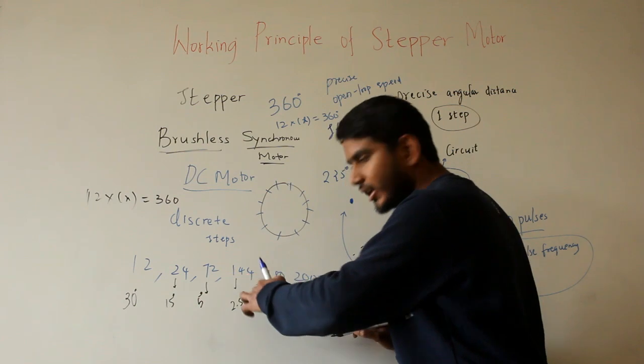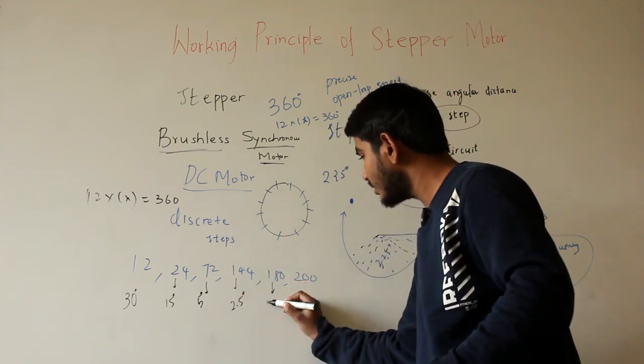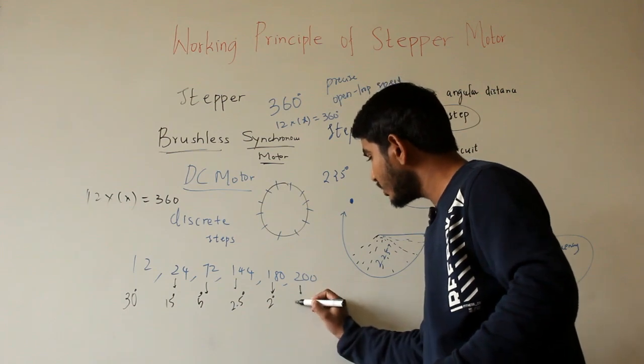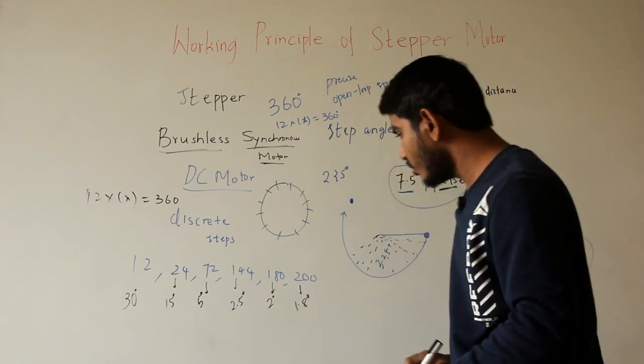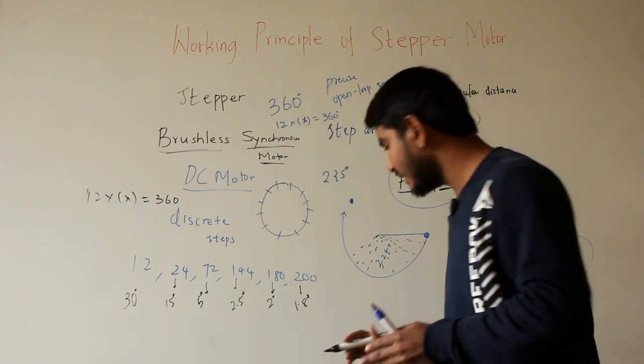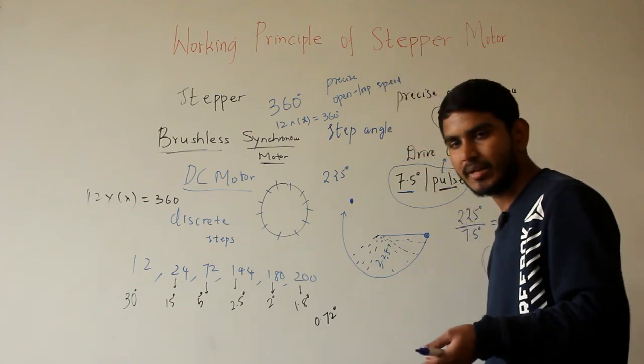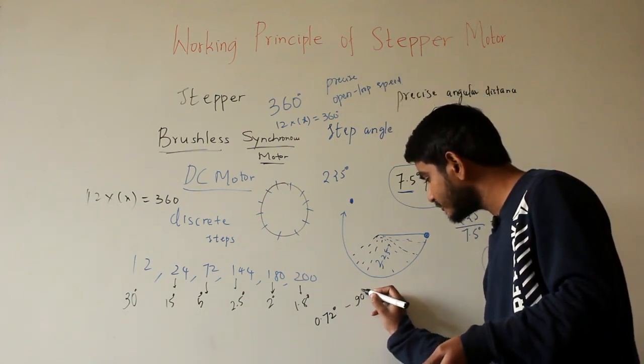So 2.5 degrees per pulse or per step, and this is 2 degrees, and this will be 1.8 degrees. Your stepper motor will have the smallest step angle like 0.72 degrees, and it can have the largest step angle like 90 degrees.